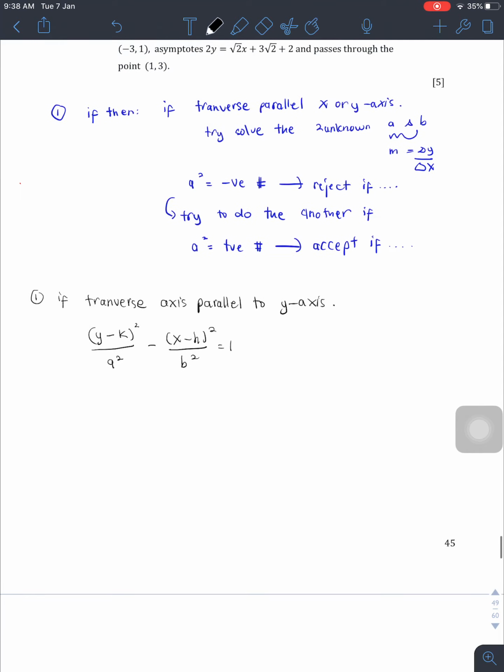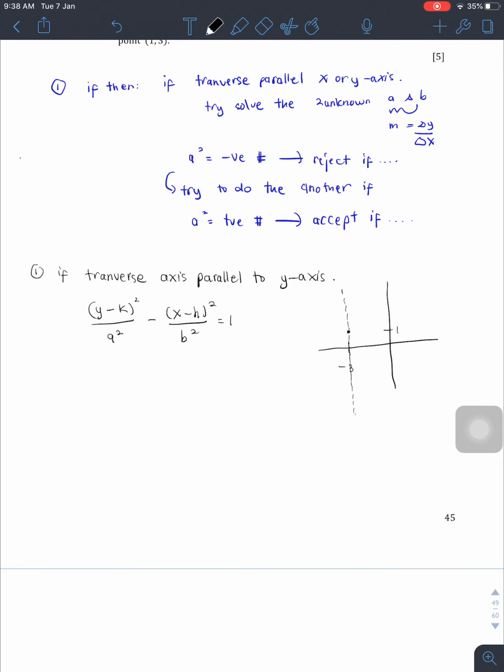Okay, now if your transverse axis is parallel to x, now what you're gonna have is that this is gonna give negative 3 and 1. So this is gonna be your center, and your transverse axis is gonna be over here. Now from your sketch of the graph, you should know your slope m has a ratio.